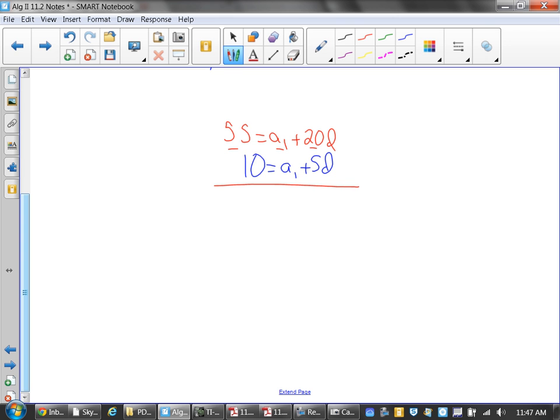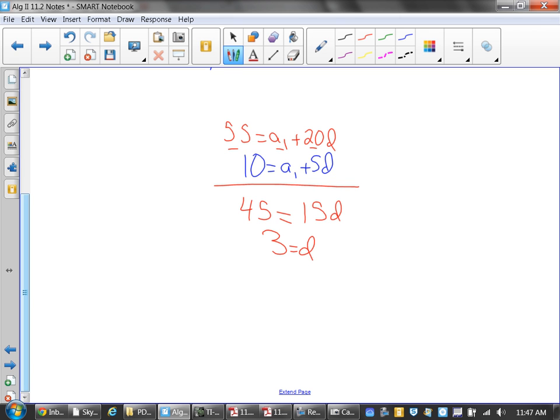You get 55 minus 10, 45. The a sub 1's drop out. 20 minus 5, 15. What's d? There you go. So the common difference within this sequence is 3.